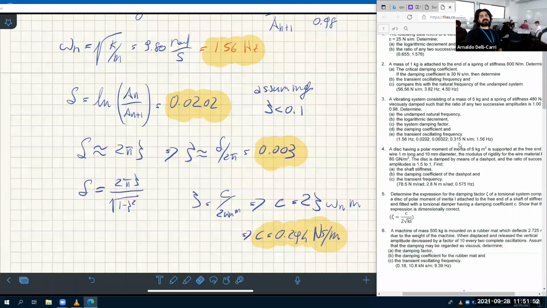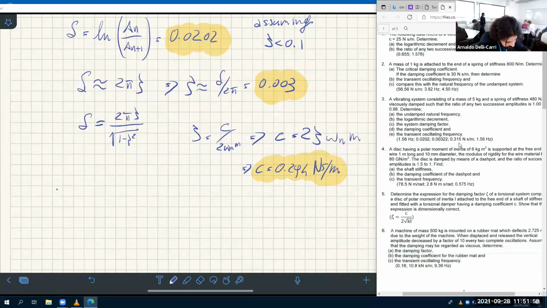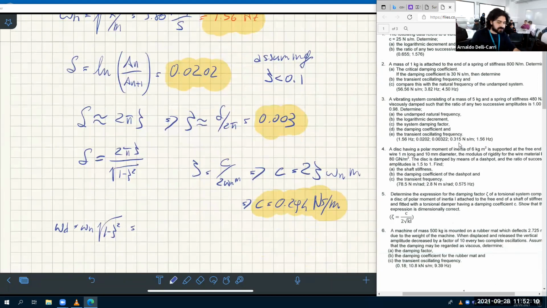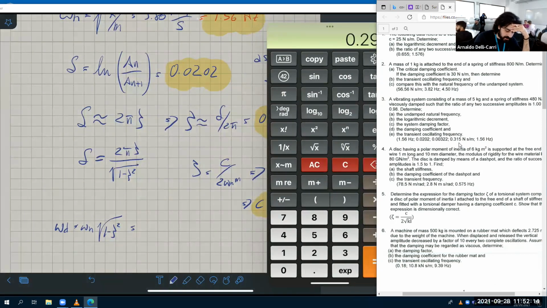And finally, the transient oscillating frequency, that would be omega d. And we know that omega d is omega n square root of 1 minus zeta squared. We know omega n, we found it here, 9.80. We know zeta. And so it's just a matter of using your calculator. 1 minus zeta squared, 0.003 squared.